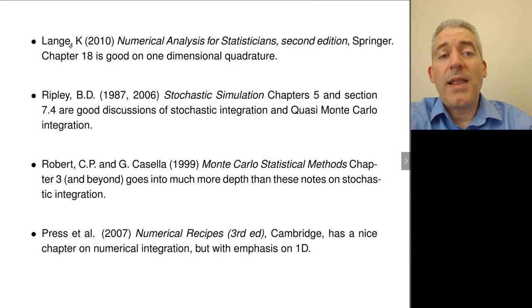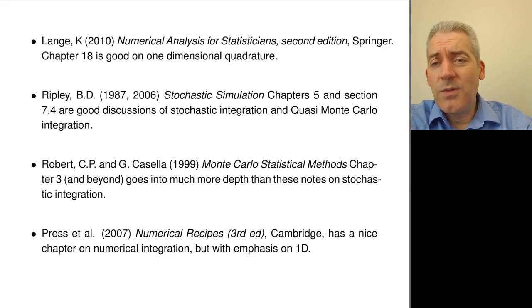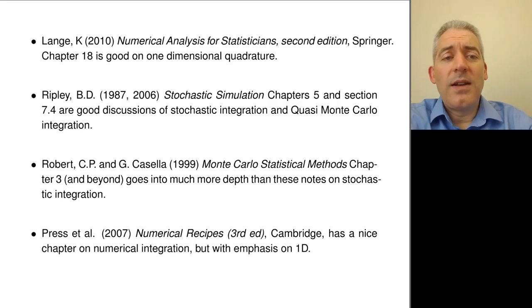This book by Lange is also quite handy, and this is just generally quite a nice book that accompanies this course quite well. And as it says here, there is some stuff on quadrature in here that might be interesting. And if you do want to start thinking about Monte Carlo and understanding Monte Carlo, then Ripley's book on stochastic simulation is a good place to start with that.